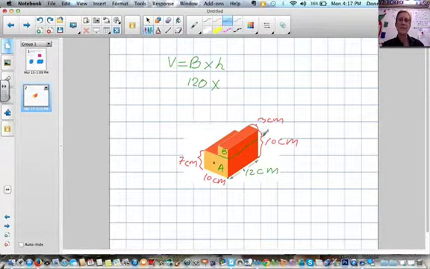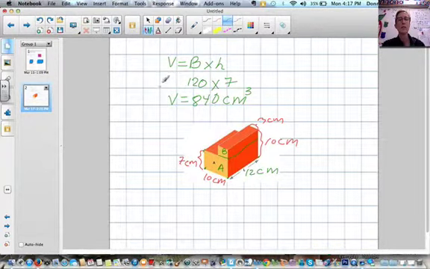So instead of writing 10 in here, I'm going to look at how tall it is from this point to this point, because that's going to be the height for this bottom chunk that we're calling A. Let's call that 7. So we can say that the volume of that bottom part is 840 cubic centimeters.